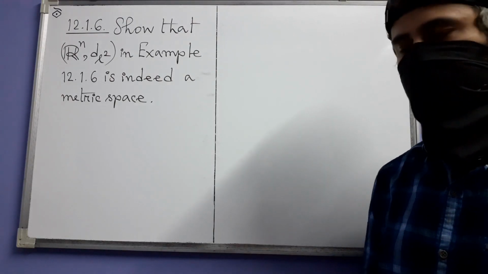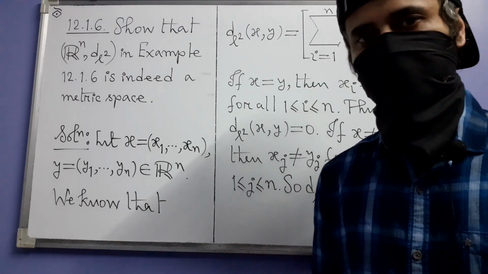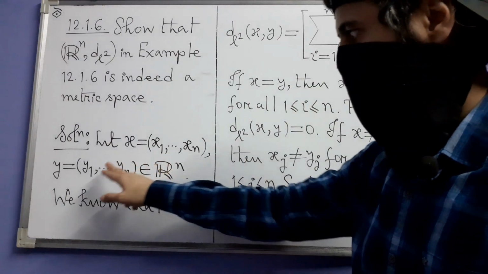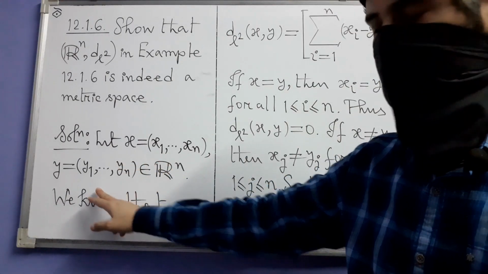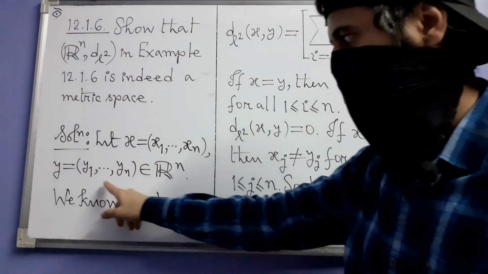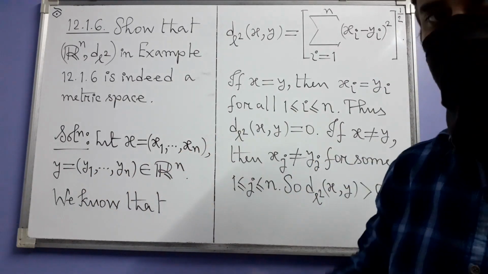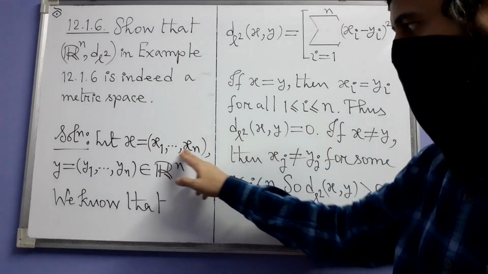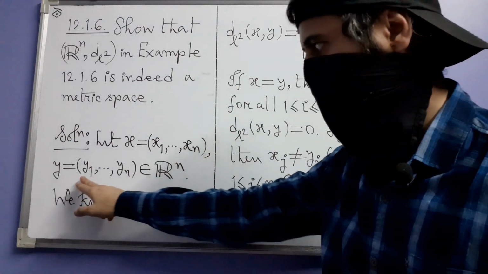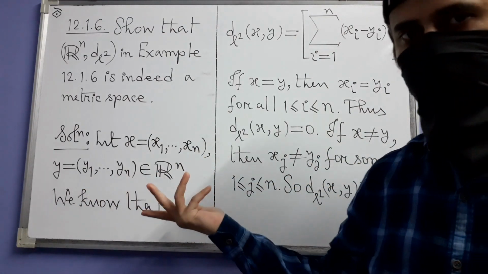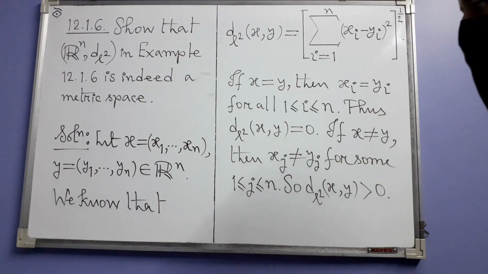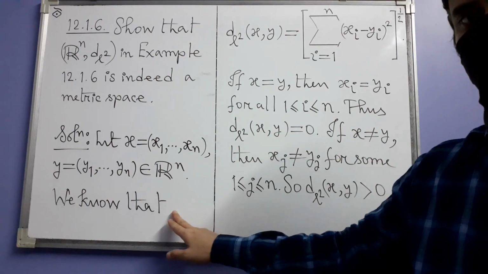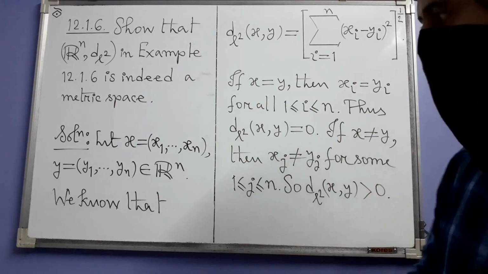Let's solve this. So we start the solution by taking two such n tuples and let them be x and y with these coordinates. x has the coordinates xi and y has the coordinates yi, which of course are real numbers. Now let us recall what dl2 is.